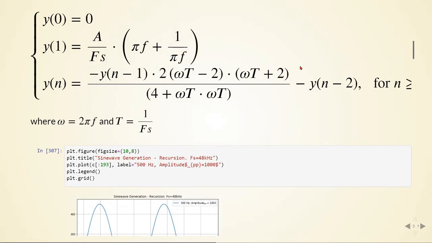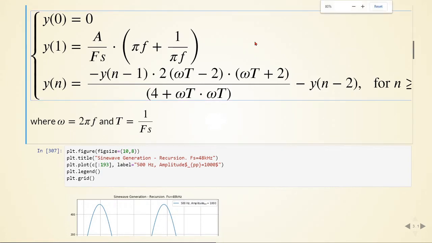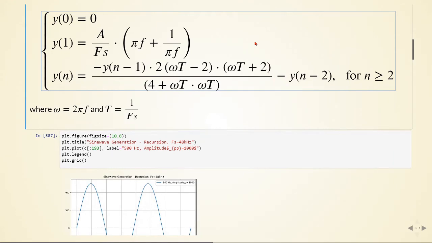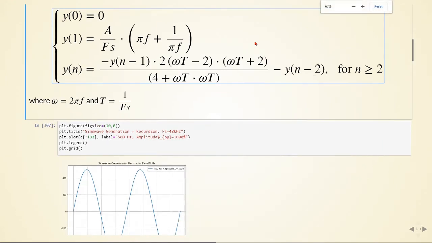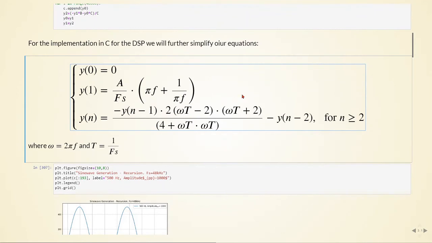We must consider that we are dealing with 16-bit integers, and sometimes when we calculate powers it can overflow, so we need to be very careful in handling these situations. And of course we see that there's floating point mathematics here, and this will make the system require higher computation power.